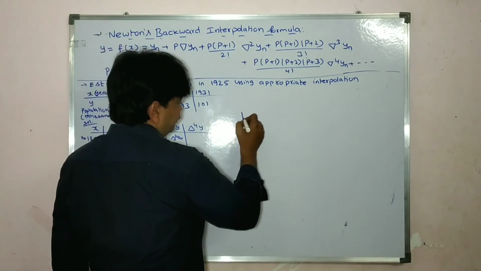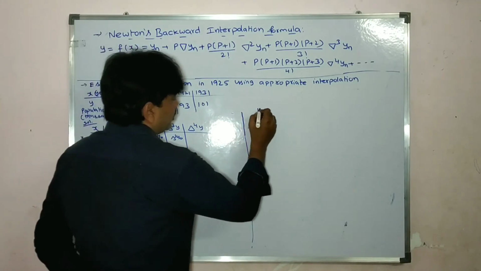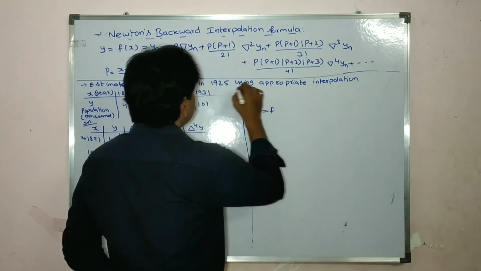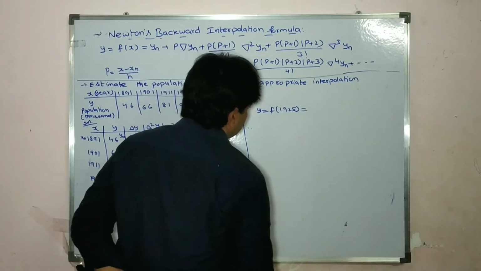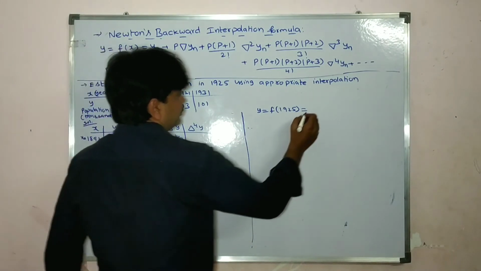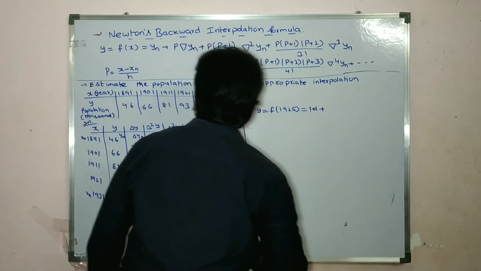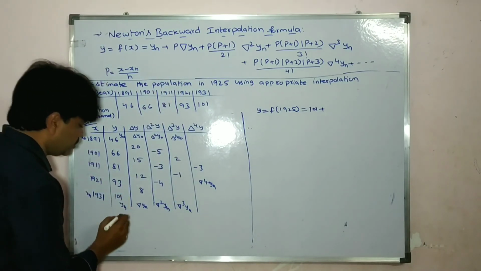Now, we are finding f of which year? 1925. That is equal to y. What is yn? 101 plus p. To find the p value, what is h here?